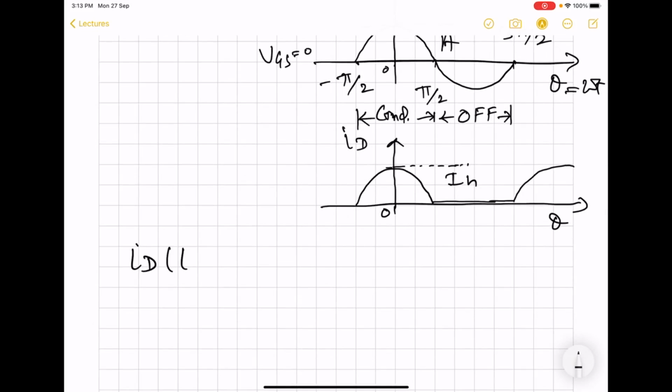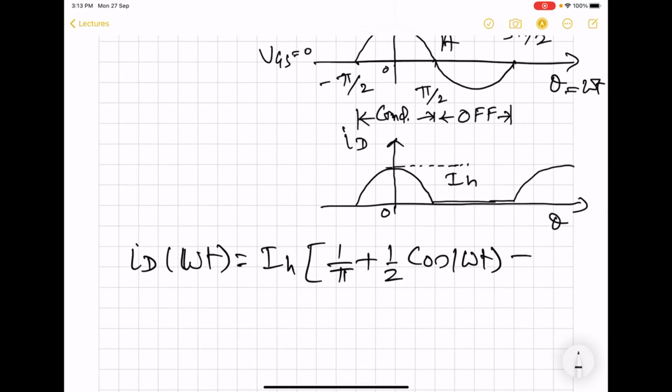So if we write the Fourier component of this is what we will get. So it will have a DC component equal to IH by pi, and then it will have fundamental component equal to half of the IH, and then it will have all the remaining higher order even harmonics.